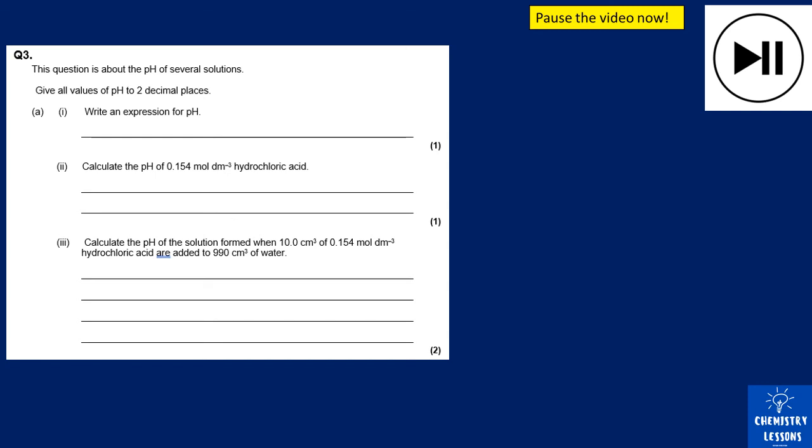Okay, writing an expression for pH. pH is equal to minus log of H plus concentration. Minus log of base 10 H plus concentration. And calculating the pH of 0.154 moles per decimeter cubed of HCl. Now we know it's a strong acid and we know it's monoprotic, so we know that the H plus concentration then is just the same as the acid.